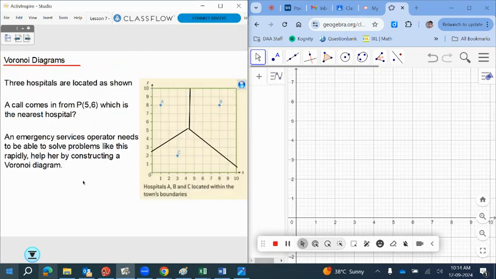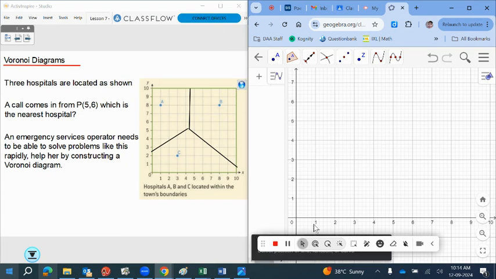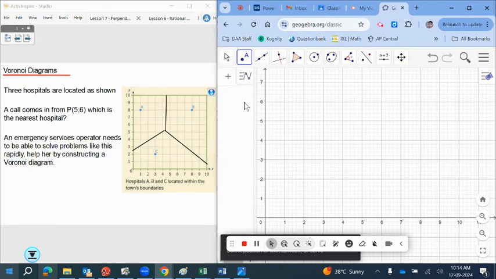Let's have a look at the problem we're trying to solve. We have 3 hospitals located as shown. So we're going to have one hospital at A, which is at 1, 8. Let me just pop that one in. Let me shrink this a bit. There we go.